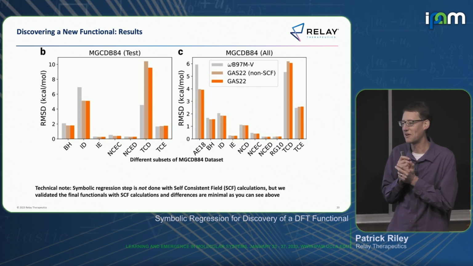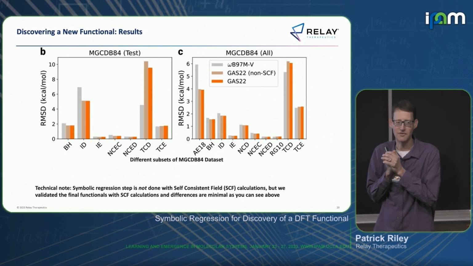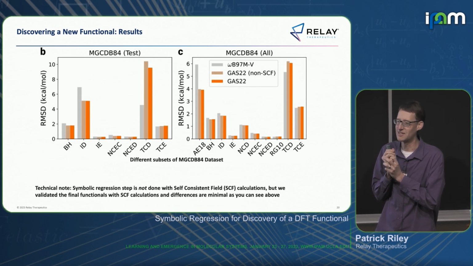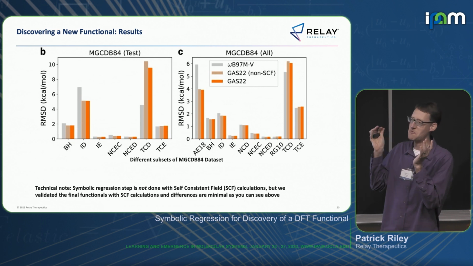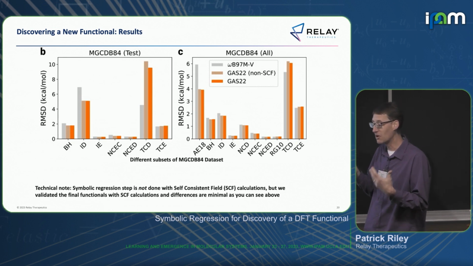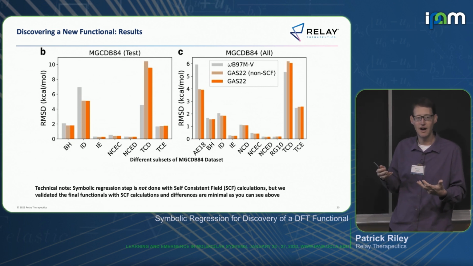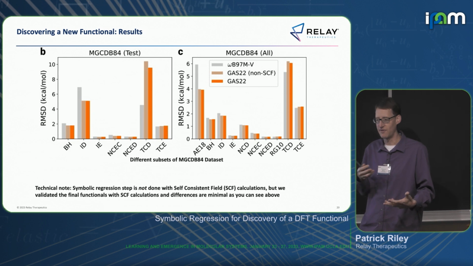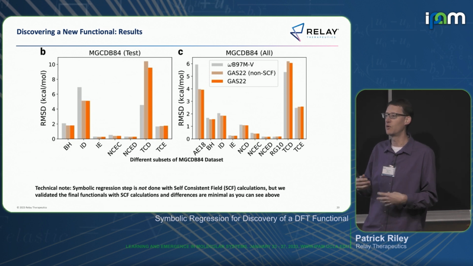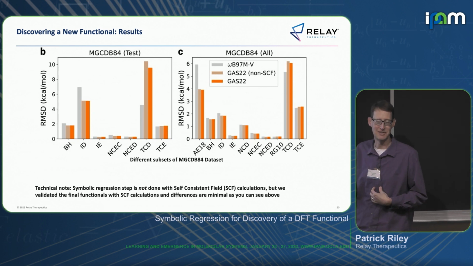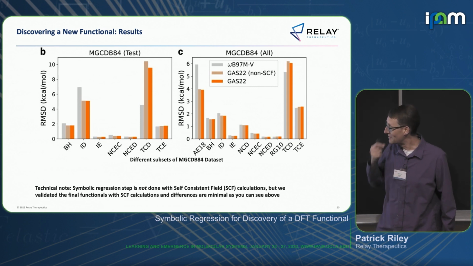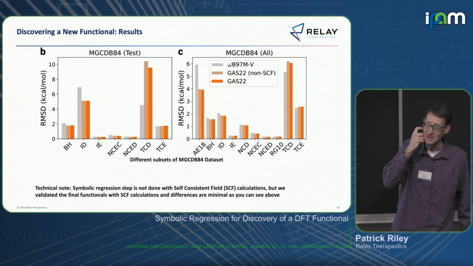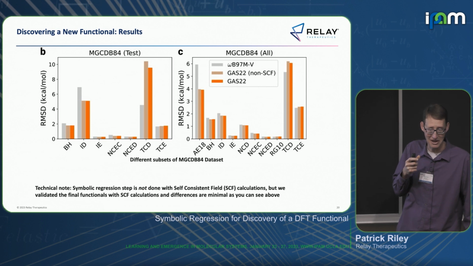So in order to make this whole thing go faster, we don't do self-consistent field calculations during the training. The assumption is based on an empirical observation that the densities aren't changing that much as we get improved functionals, even though the energy estimates are. So there was, frankly, a little bit of hope that this was going to work out if we didn't actually do the self-consistent field calculations.